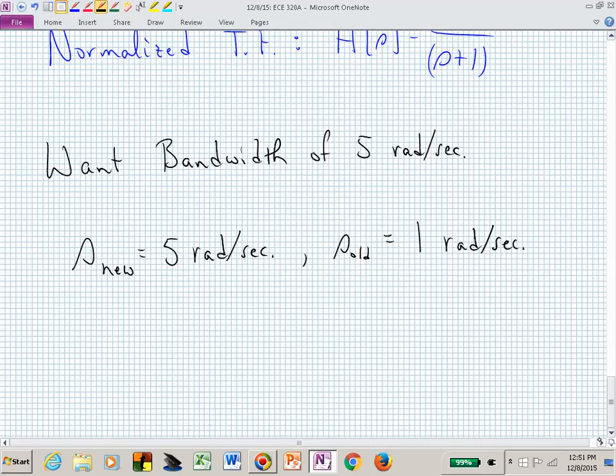And to frequency scale, we are then saying that we want s new to be some scaled version, k sub f, of the old frequency. Our normalized transfer function was in terms of s old, so now we are really replacing s old with s new divided by k sub f.